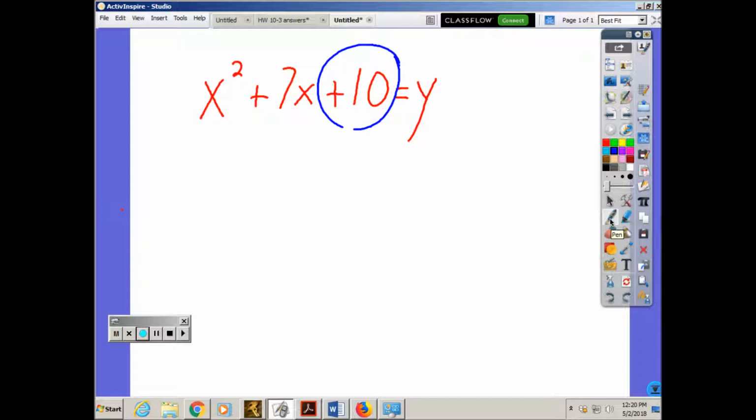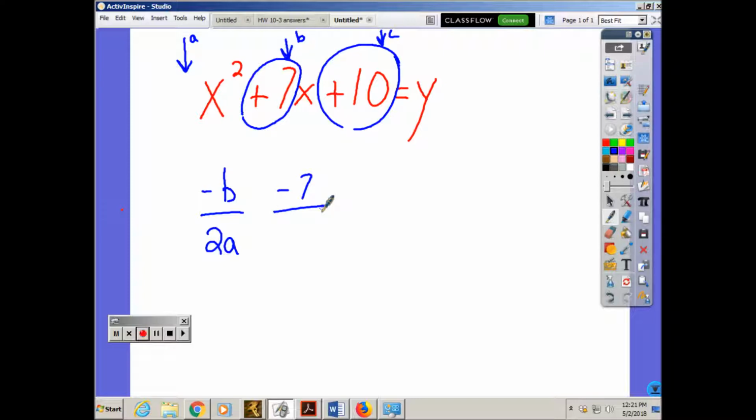There's an A coefficient, a B coefficient, and a C coefficient. The A coefficient is in front of the x squared. The B coefficient is in front of the x. The C coefficient is by itself. Okay? The formula for axis of symmetry is this. I take the B coefficient, which I can see is +7, and I do the opposite of it.